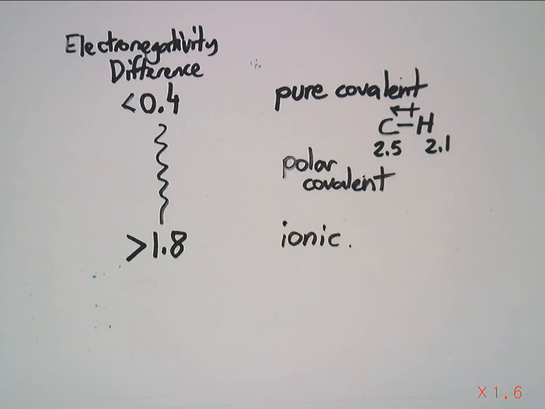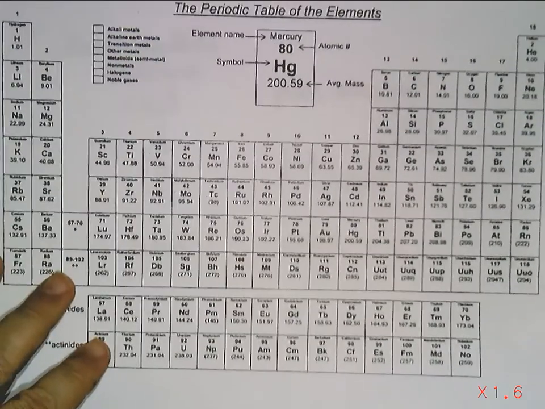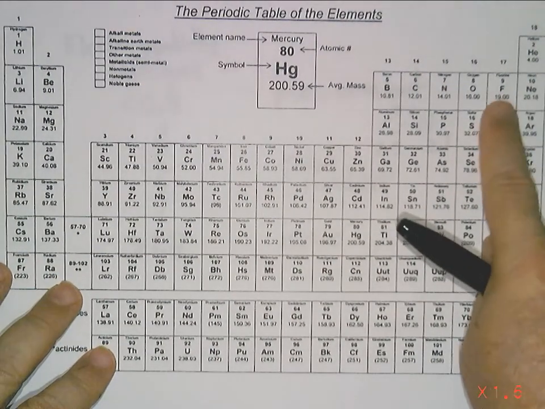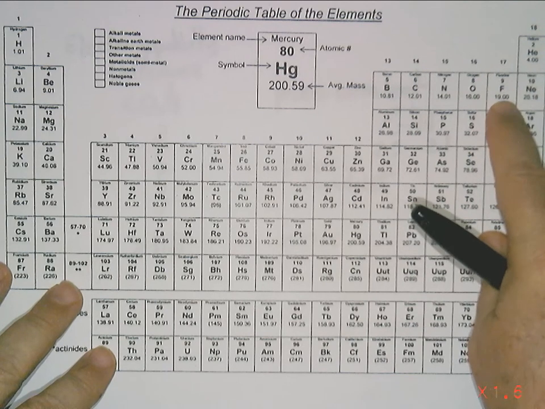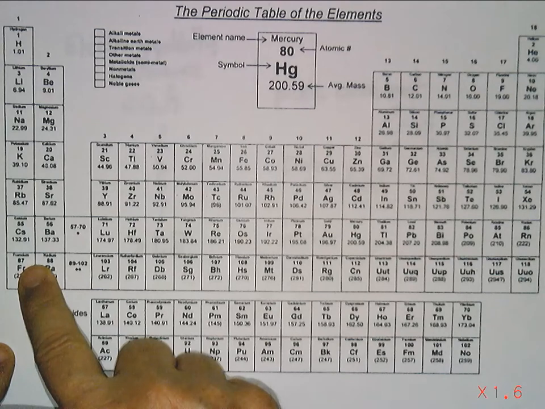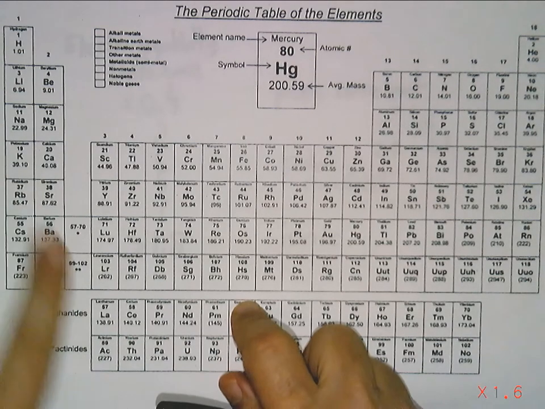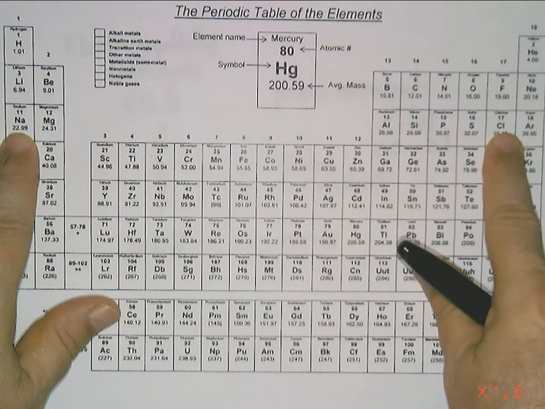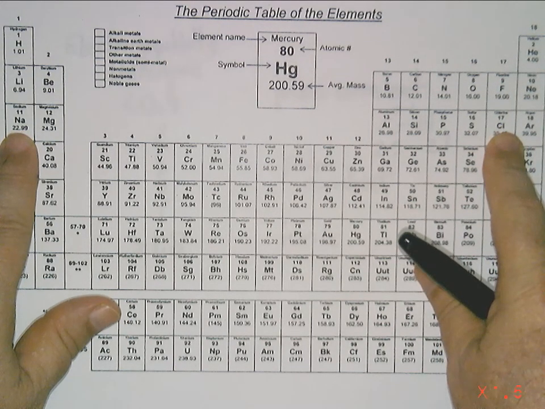Suppose you don't have an electronegativity table in front of you, though. Can you still do this? Sure. Look at the periodic table. All of the high electronegativity elements are cramped up in this corner, and the very low electronegativity ones are down here. If you're going between, say, sodium and chlorine, there's a tremendous electronegativity difference there.